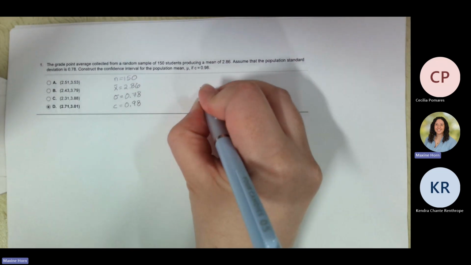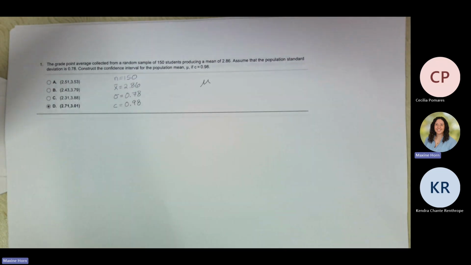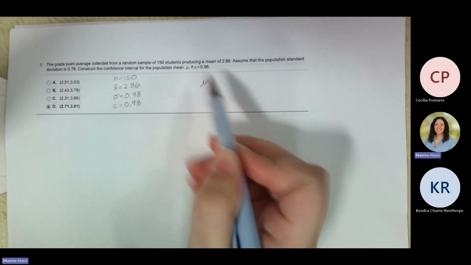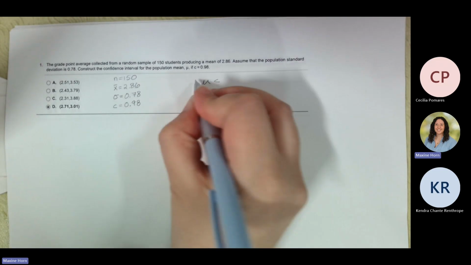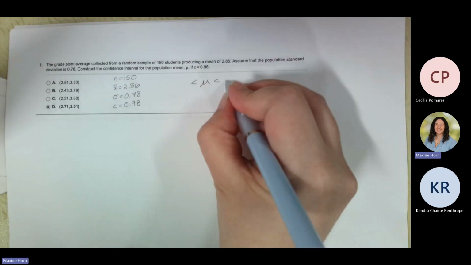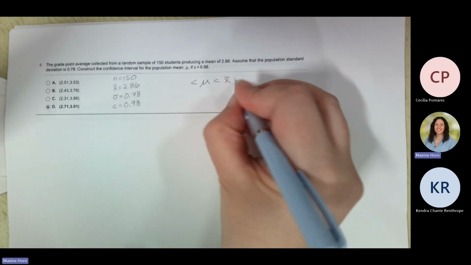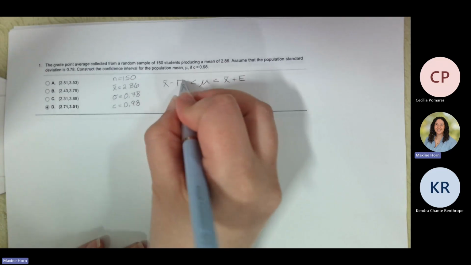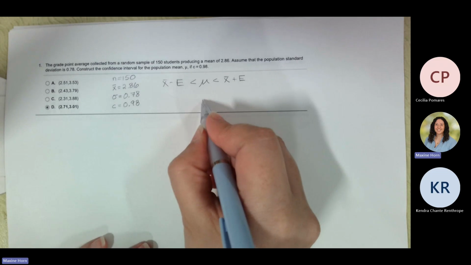We have to keep in mind that we're trying to find the confidence interval for the population mean. That's the mu. And it is somewhere between the sample mean plus some margin of error and the sample mean minus some margin of error, right? So we've got the population mean somewhere in between there.